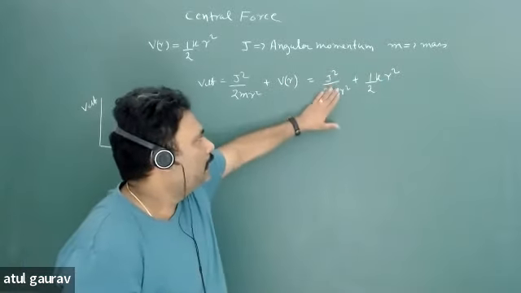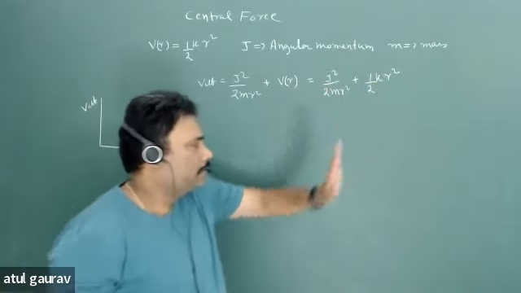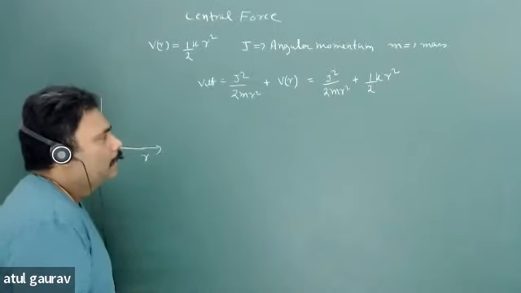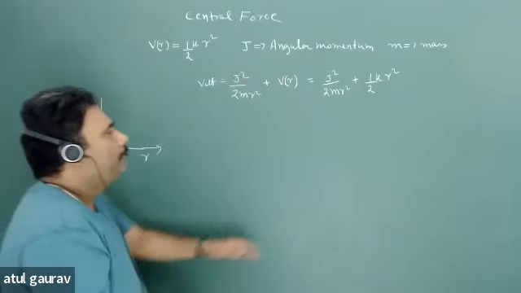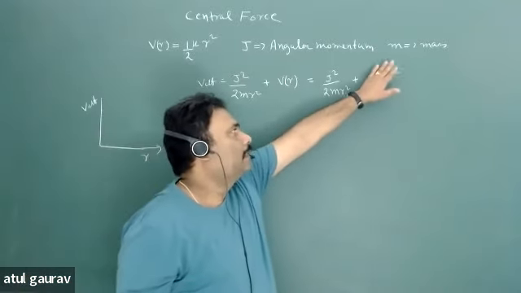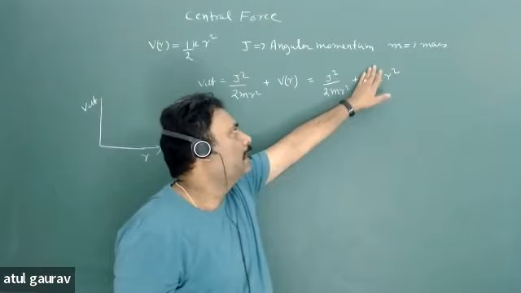You can assume that J square upon m and half k are more or less comparable. So for a smaller value of r, one term can be neglected.